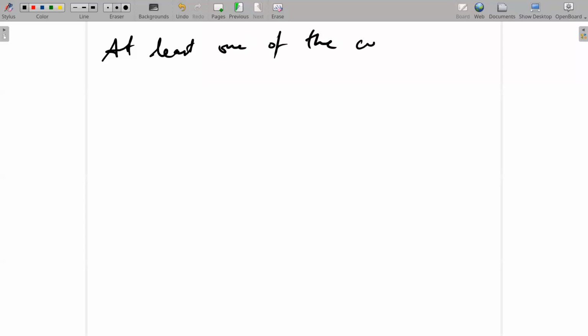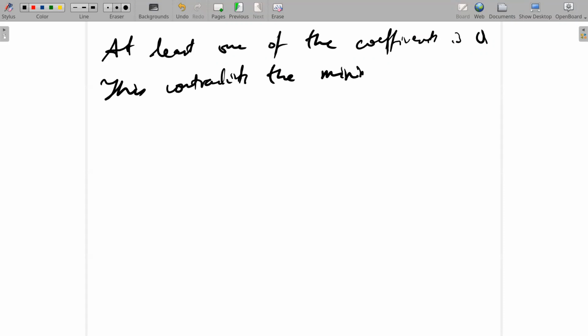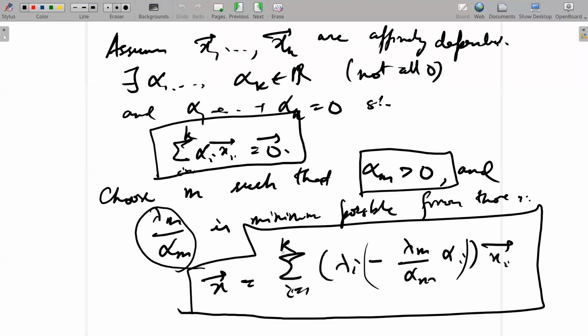The mth coefficient is 0. So this contradicts the minimality of k. You are able to find k minus 1 of these vectors so that x is a convex combination of them.